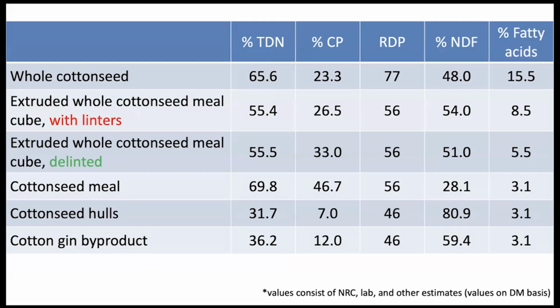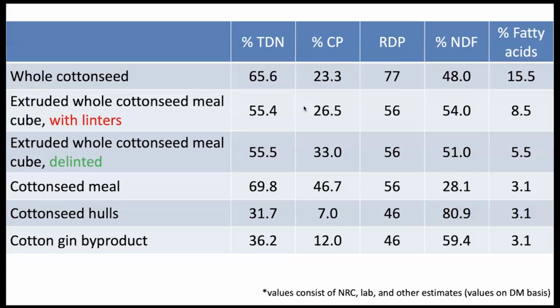There are some places that sell what they call an extruded whole cottonseed meal cube, where the term cottonseed meal is a little misleading. But when we look at these extruded cubes, you'll see them with either the linters or delinted, and that's just a little fuzz on the end of the cottonseed there.